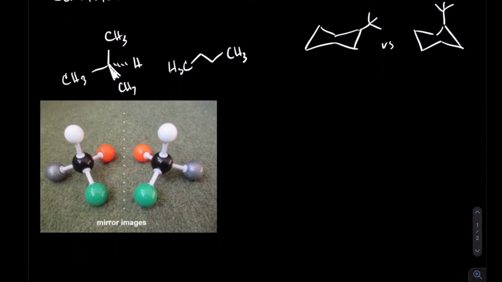Now there's another type of isomerism that we need to talk about because it's an important kind of isomerism, and it's called stereoisomerism. And you can see that I have stolen something from the internet here of these two molecules. And they're mirror images, and these are what we call enantiomers.